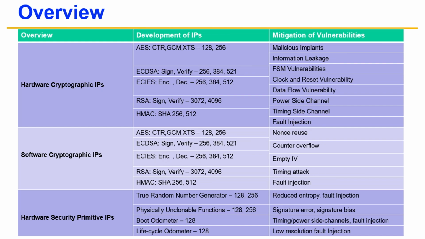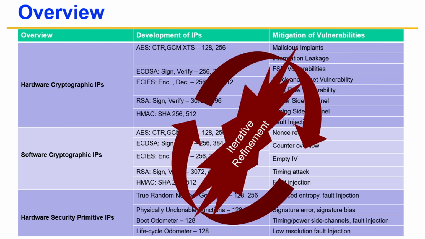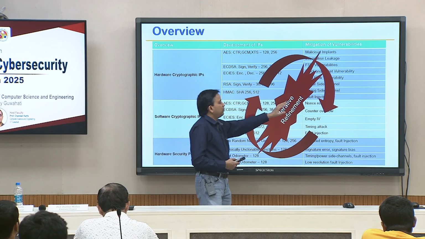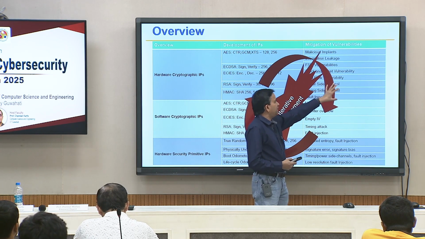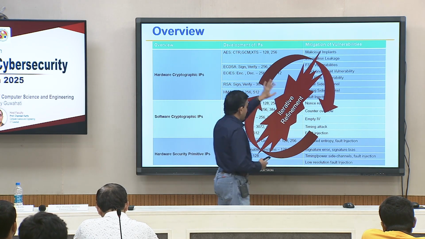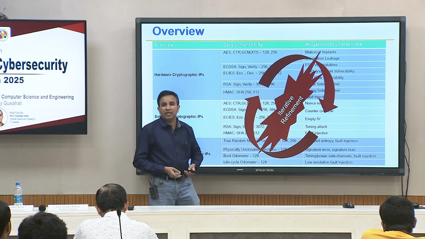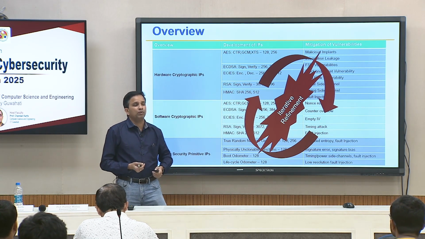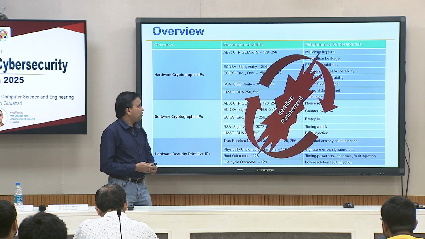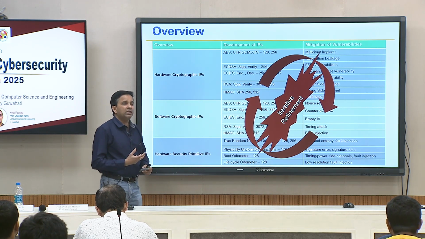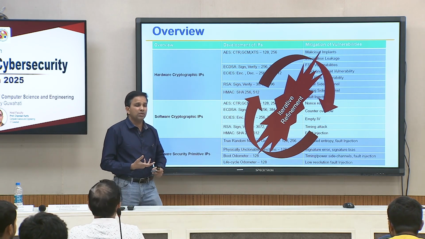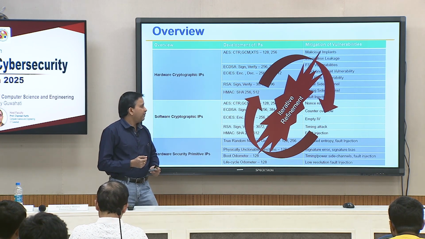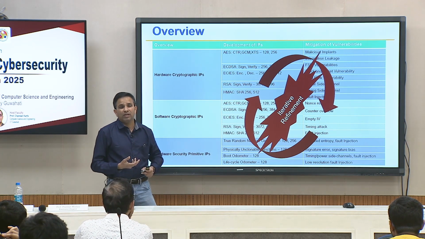So, the objective of a designer is basically iterative refinement. You design something, then you know the vulnerability, you implement the mitigation, then you check your vulnerability and tool analysis again to make sure that the security strength has improved, whatever your metric is. So, I am going to talk about what analysis tools people use or should use, and then what the metrics are.